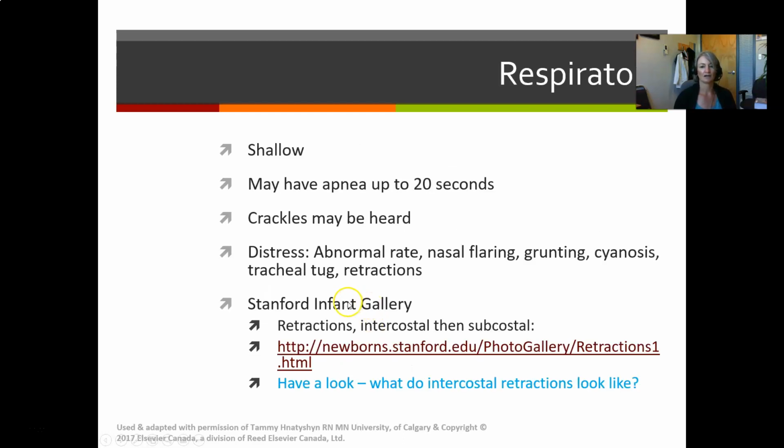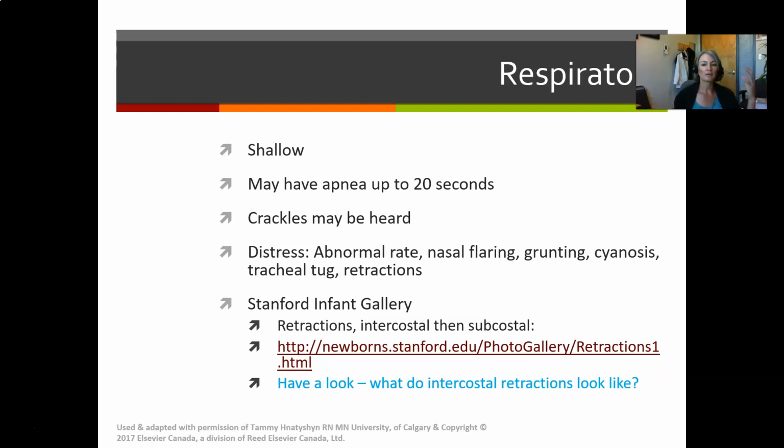Okay, respirations. We really want to look at our respirations. Newborns are periodic breathers. I don't know if you guys have ever really watched a newborn, but they breathe in bursts, and then they cry and stuff too.